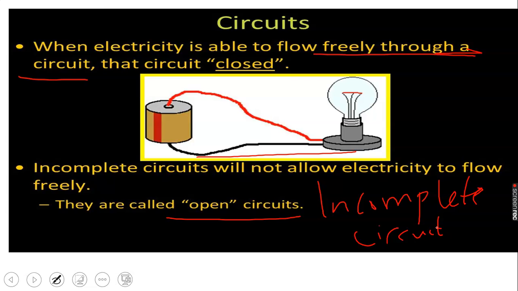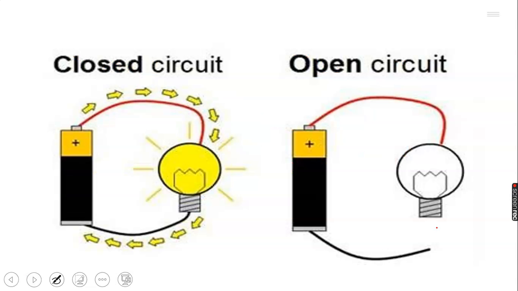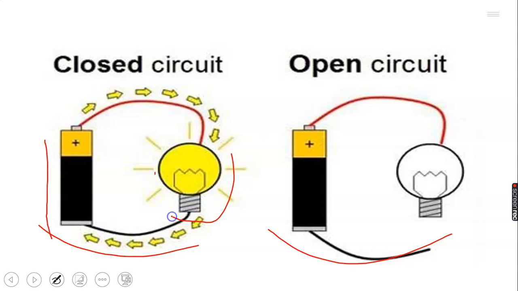I'll show you another picture for you to actually understand what I am trying to say when it comes to open and closed circuits. Look at this picture again. We have a closed circuit here and an open circuit. What can you really notice from this picture? We have the battery, the cell, we have the bulb.